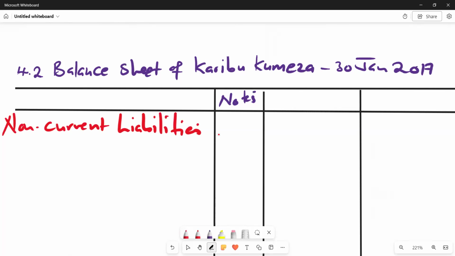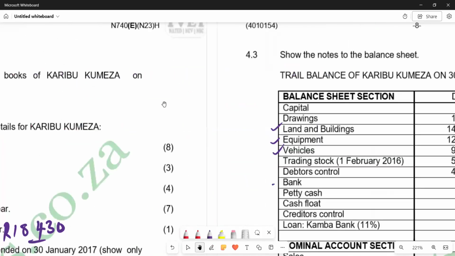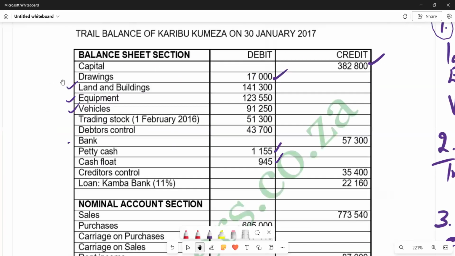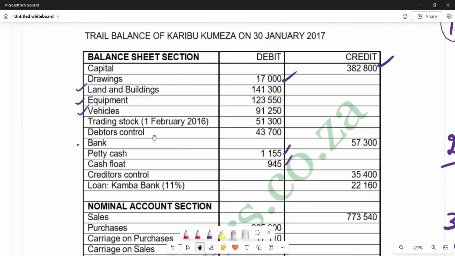And then the figure that we are going to put there, obviously, we're going to look for the lead figure for loan in the trial balance. So loan, you see that we got loan here, Kamba Bank, 11%, 22,160. So we have got 22,160 being our loan.